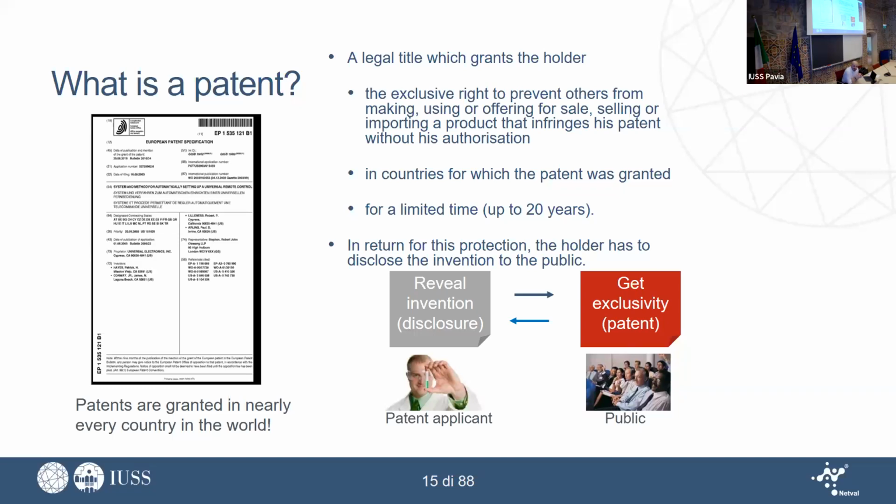So anyone can see the patent, can see the technological information about your invention, and they cannot create your products and sell them, but they can build on your invention, on your product, on your research. The patent will be published after 18 months. So when you file a patent, for 18 months it will be secret and then it will be visible to everyone.